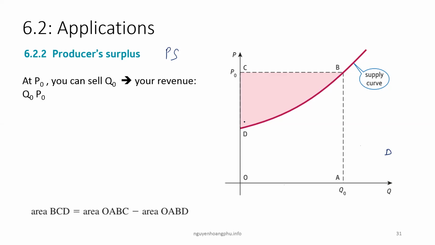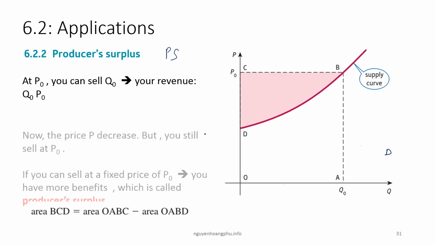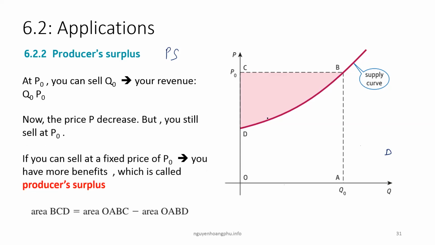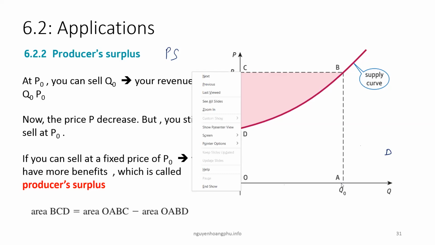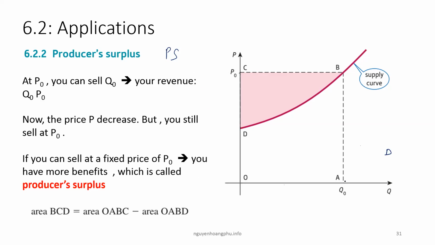So if you see here, when the price is at P0, you are going to produce Q0. So you are on this curve, following the curve to here.